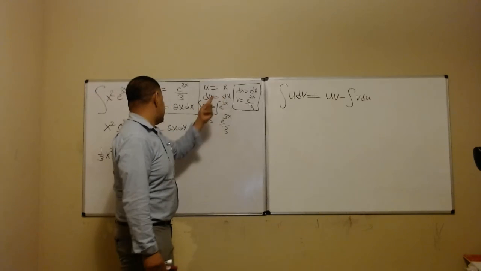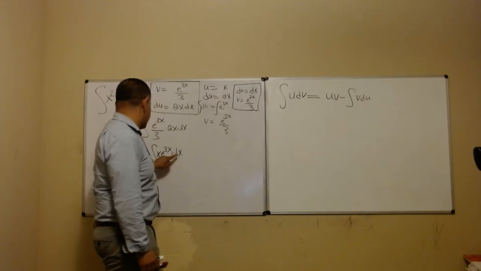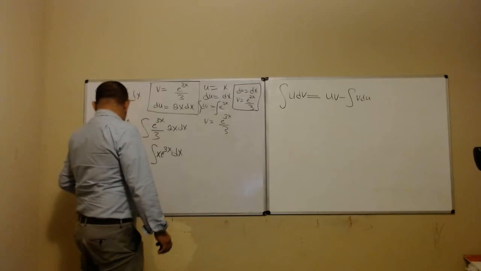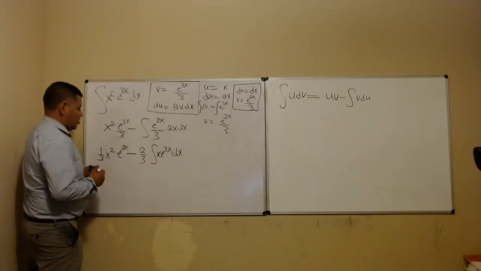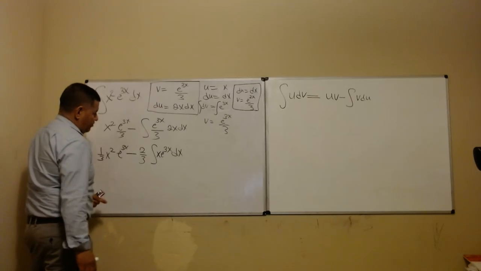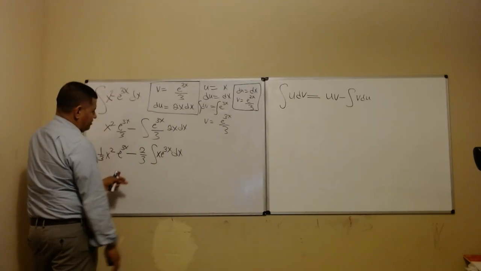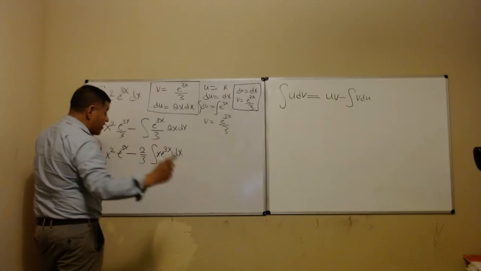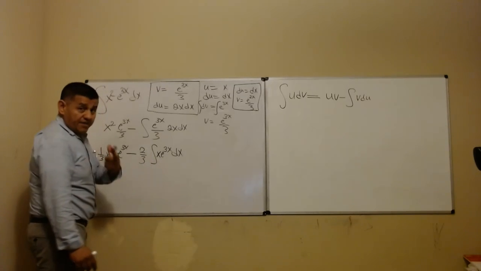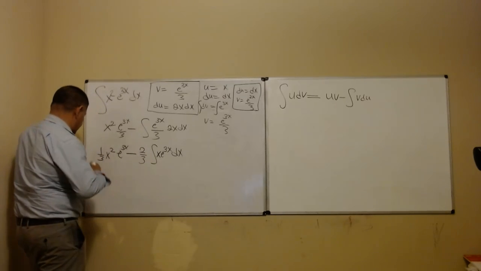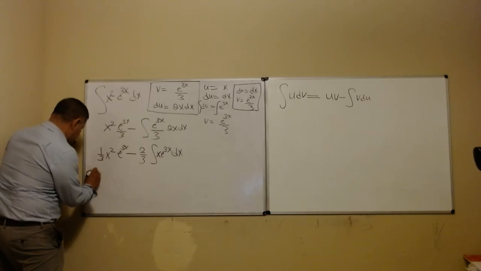So basically, this dx is sitting right here already, right? So what I will do is integrate this, and I will put a set of brackets around this so I don't make a mistake, right? So I do it like this.